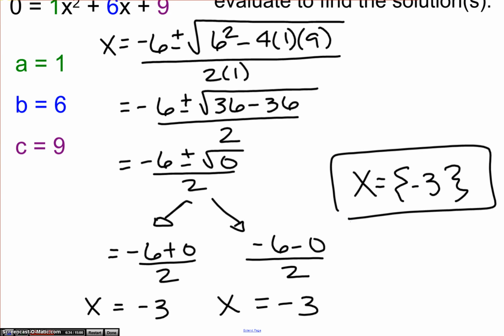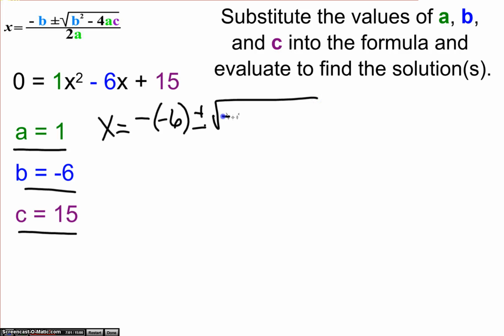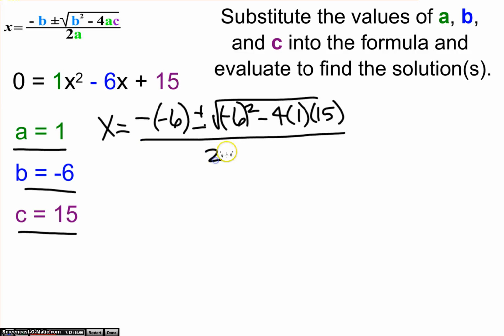Let's do our third and final example. x squared minus 6x plus 15. Go ahead and list out your values of a, b, and c. And now we can plug it into our quadratic formula. Negative b, so negative negative 6, plus or minus the square root of negative 6 squared minus 4 times 1 times 15, all over 2 times 1.